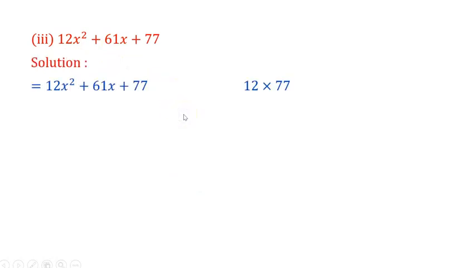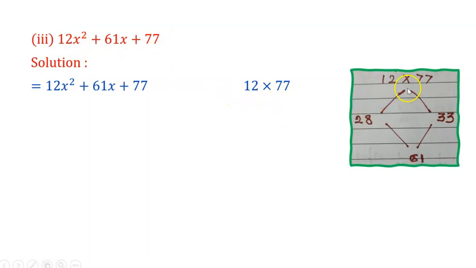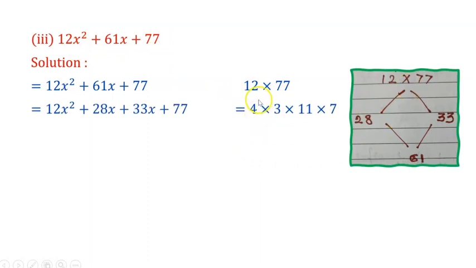Again here the product of first term and the last term is 12 into 77. Okay, and here the product of 12 into 77 can be written as 12 means what? 4 into 3. 77 can be written as 11 into 7.